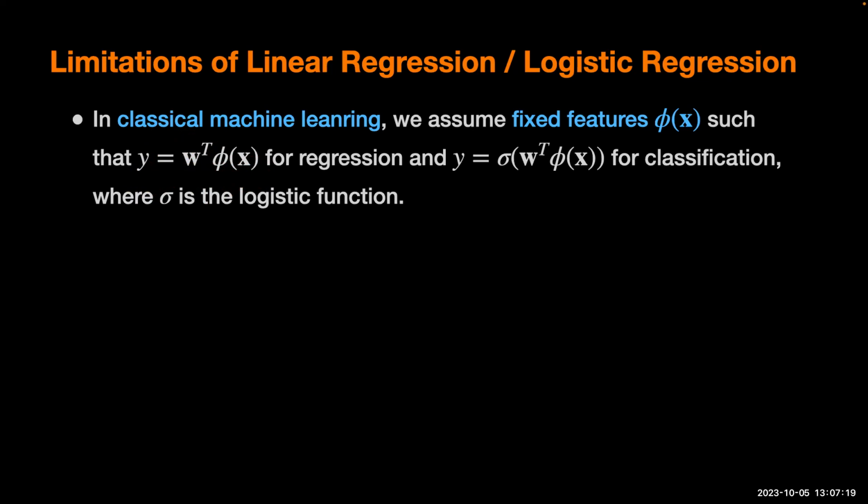In principle, I do not need to just use x. I can have any input feature x, but I will try to turn that into more expressive features, phi of x. And hopefully, in phi of x, the label will depend linearly on the input phi of x.